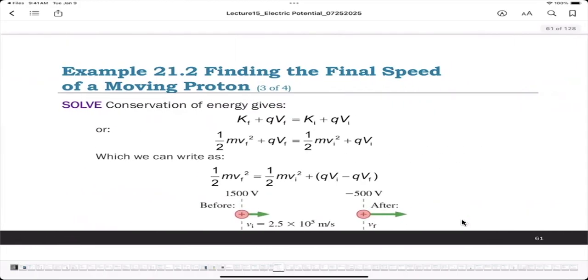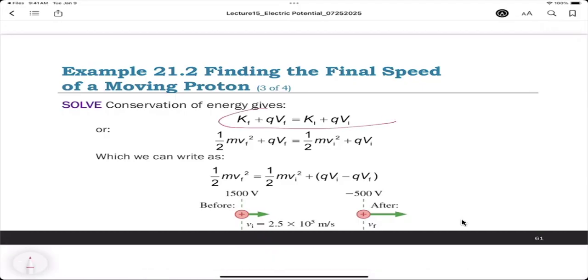From conservation of energy, we have this equation. We know the kinetic energy and the potential energy, and we put them here, the final and the initial.